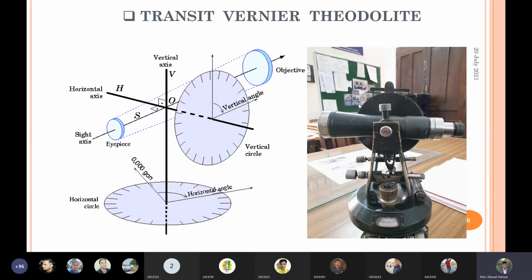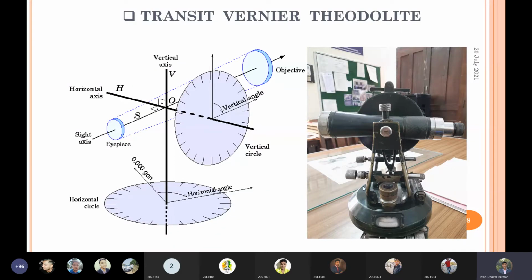You can also see the figure, compare the first one here, the telescope. Then the horizontal axis is there, the vertical axis is there. This circle, for understanding purposes, is the vertical plane and the bottom circle is the horizontal plane.